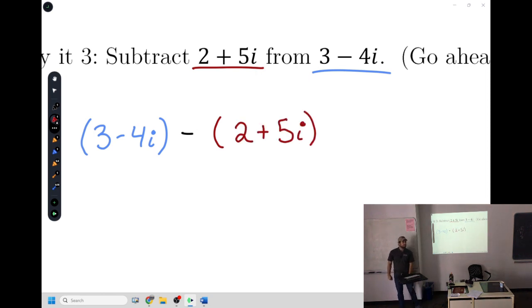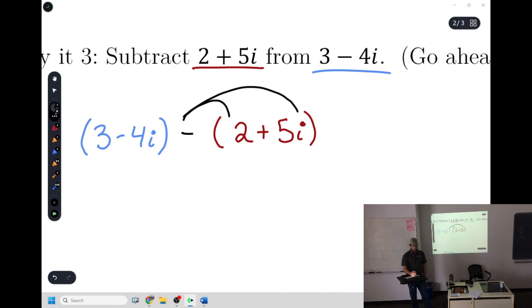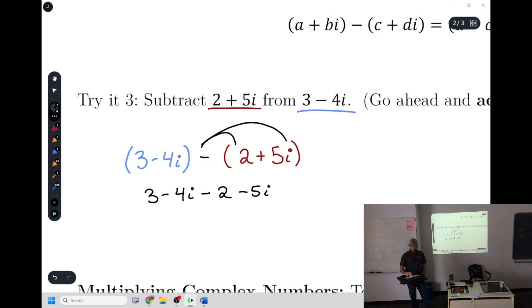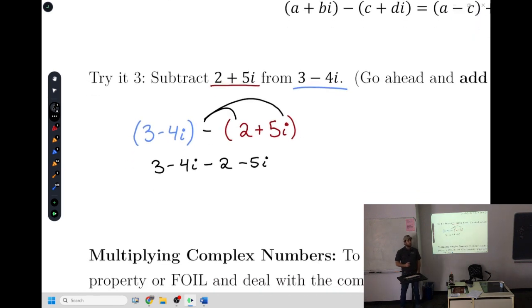Common mistake? Sure thing. Forgetting to distribute that negative across the second binomial. 3 minus 4i minus 2 minus 5i. Then there's the whole idea of combining like terms, and you end up with 1 minus 9i.